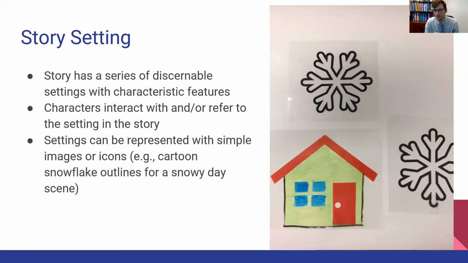So here I've got cartoon snowflakes for a snowy day scene, rather than a more complex setup where I've got snow drifts and maybe some smaller snowflakes falling. In this instance, I've got representative images, because I'm able to control the complexity, size, contrast and color of these elements, as opposed to a more traditionally laid out setting.